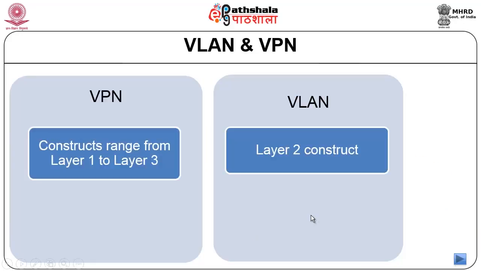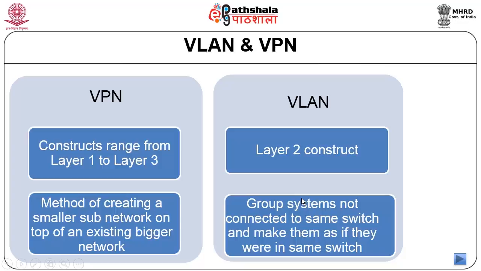What is the difference between a VLAN and VPN? VPN is applicable on layers 1 to 3, whereas VLAN is applicable on layer 2. VPN is a method of creating a smaller sub network on top of an existing bigger network, as we saw that the channels are created using VPN, whereas in VLAN we group the systems which are not connected to the same switch and make them as if they belong to the same switch.